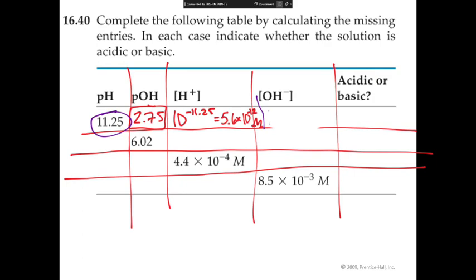Maybe 1.778 times 10 to the negative third. All right, is this solution acidic or basic, Carter? Basic, because the pH is greater than 7 is probably the easiest way to find that.